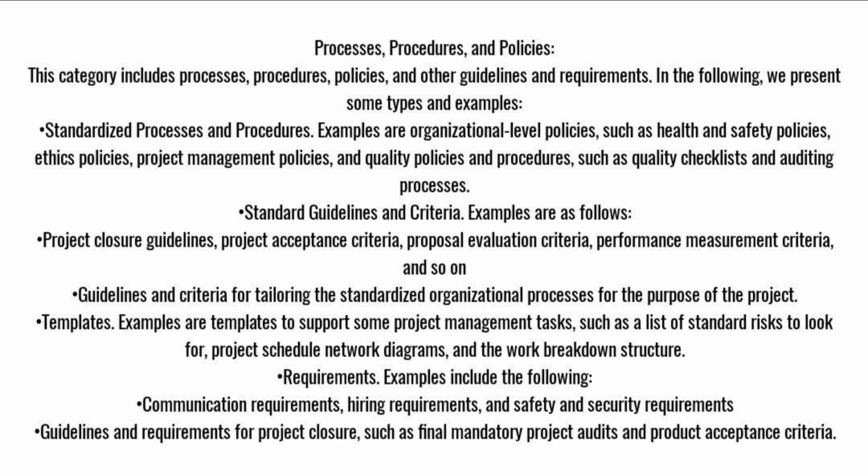Standard guidelines and criteria. Examples are as follows: project closure guidelines, project acceptance criteria, proposal evaluation criteria, performance measurement criteria, and so on. Guidelines and criteria for tailoring the standardized organizational processes for the purpose of the project.